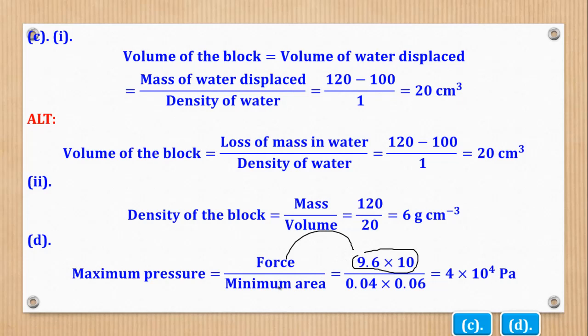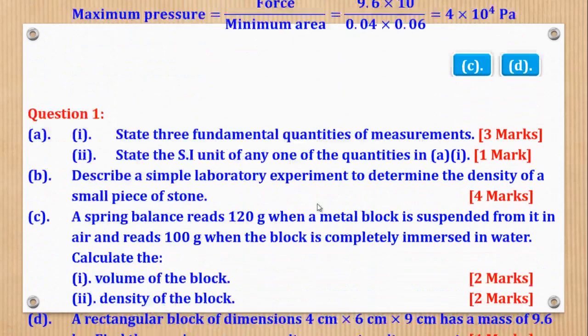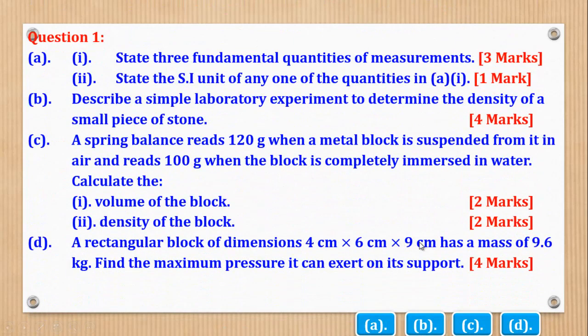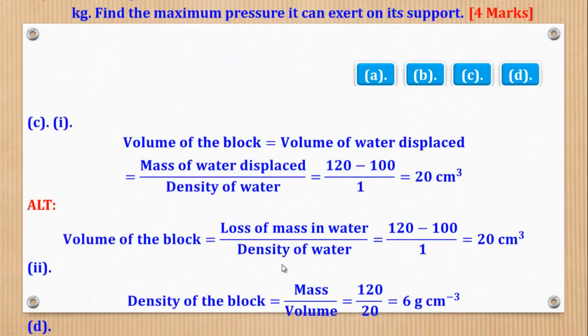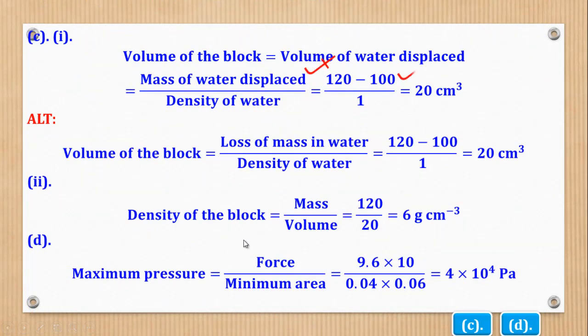Then here the minimum area, you look for the smallest dimensions. Of these three dimensions, the smallest are 4 and 6. So those are the ones we use. And that's how you get the answer in Pascals.